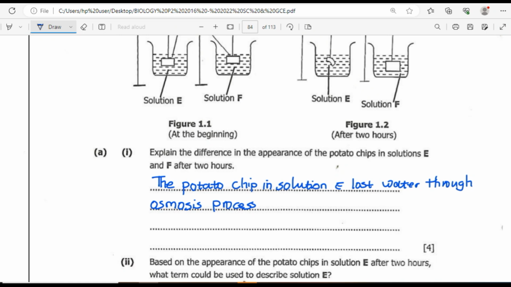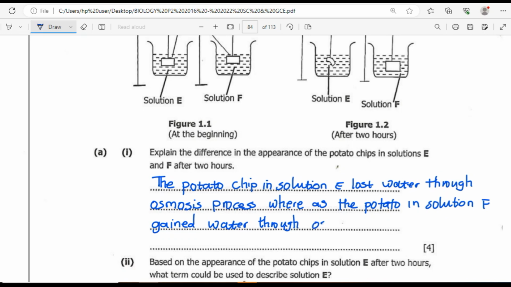So through osmosis process, as a result, it shrinked, whereas the potato chip in solution F gained water through osmosis process.